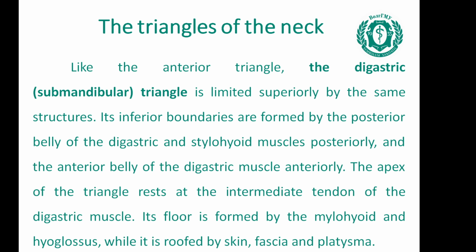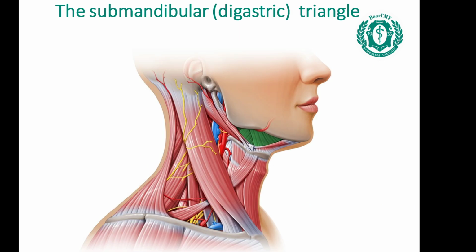The apex of this triangle rests at the intermediate tendon of the digastric muscle. Its floor is formed by the mylohyoid and hyoglossus, while it is roofed by skin, fascia, and platysma. Here you can see the submandibular or the digastric triangle.